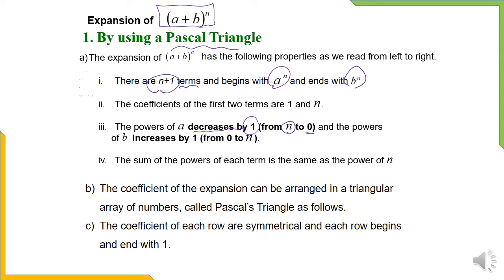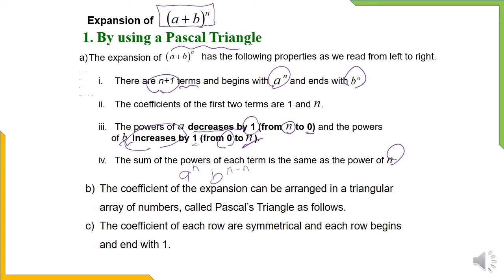The power of b, however, will increase by 1, which means that it will start with power of 0, and the last one should be power of n. So they are the opposite of each other. And the sum of the powers of each term is the same as the power of n, which means that the power of a is the complement of the power of b. So this one will be n minus n complement, so n minus n.